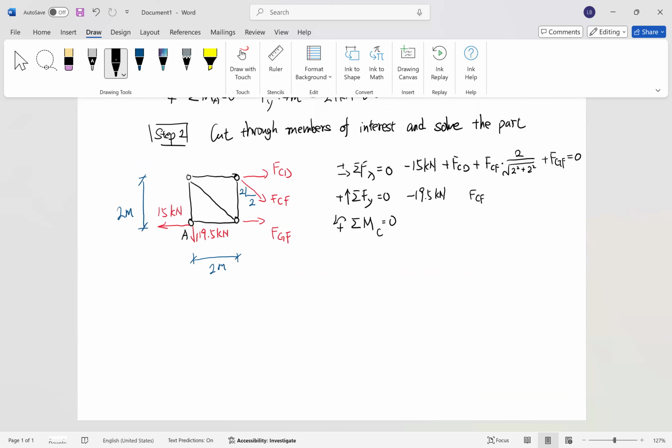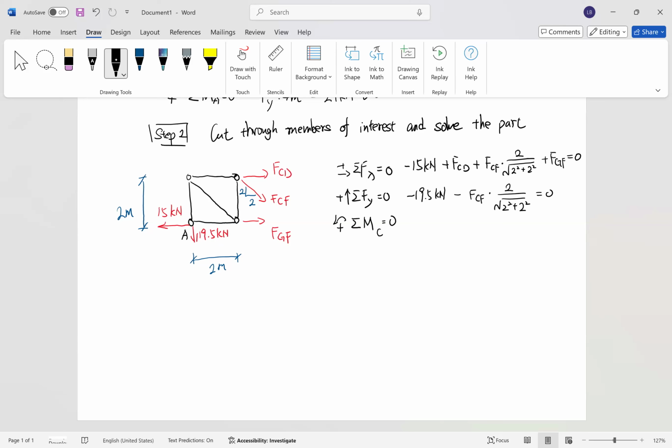Here we are talking about the y component of FCF, so that can be calculated by the ratio between the height, because the height corresponds to the vertical direction, right? The height to the hypotenuse. Since the y component of FCF is going downward, it is negative here. That equals 0.